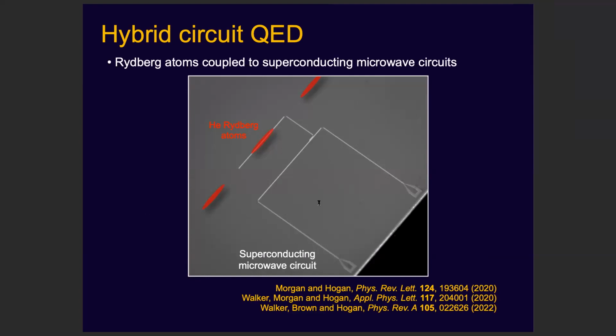Here, this gray region is the niobium nitride. White region that you see, the silicon.